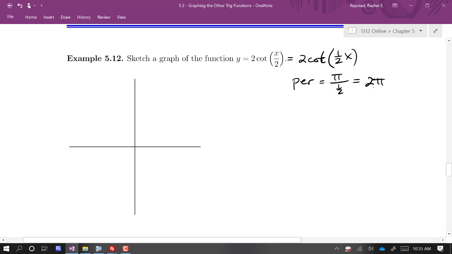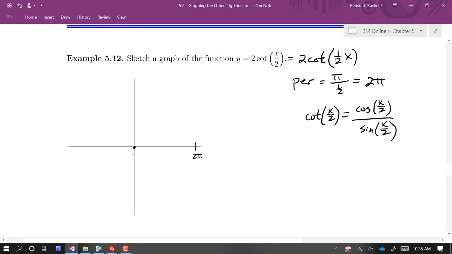And now when we sketch a graph of cotan, we sketch it from 0 out to the end of its period. Remember that cotan of x over 2 is cosine x over 2 divided by sine of x over 2.